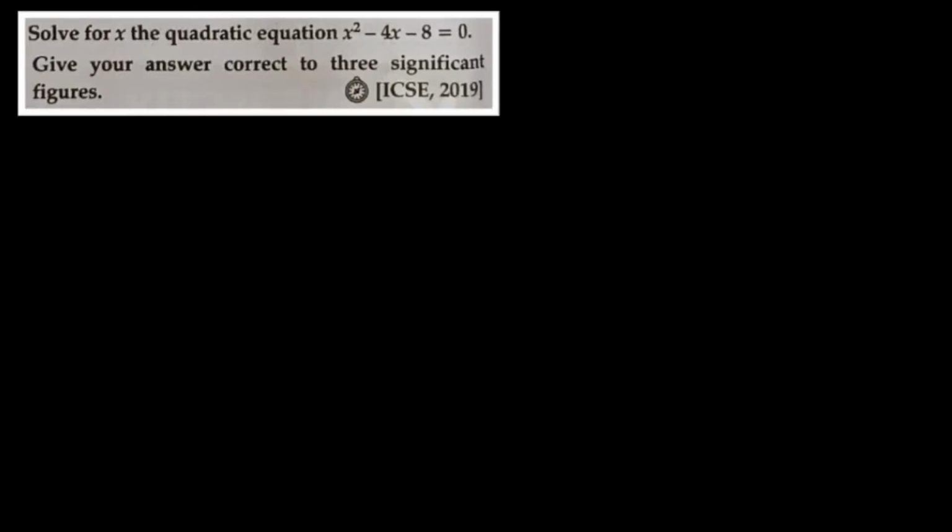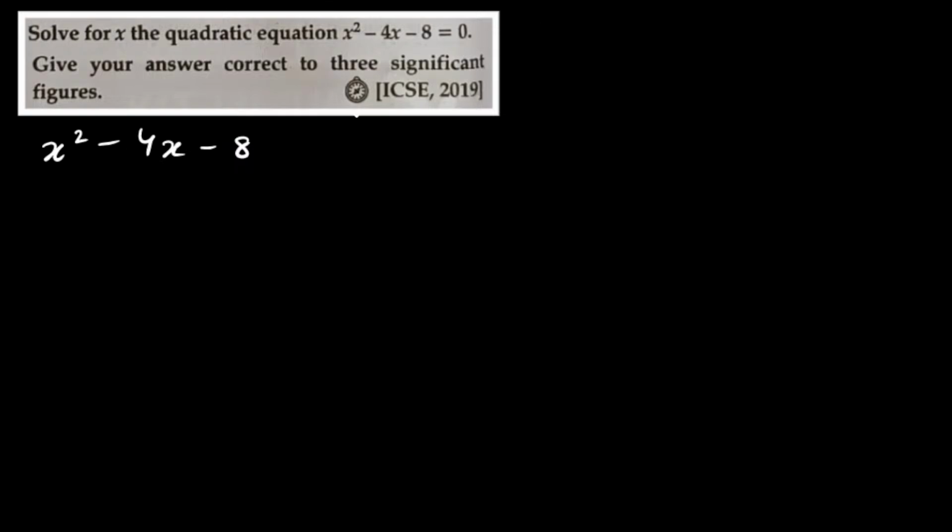Let's do the next question now. Okay, in the next question, give your answer correct to 3 significant figures. So x square minus 4x minus 8.